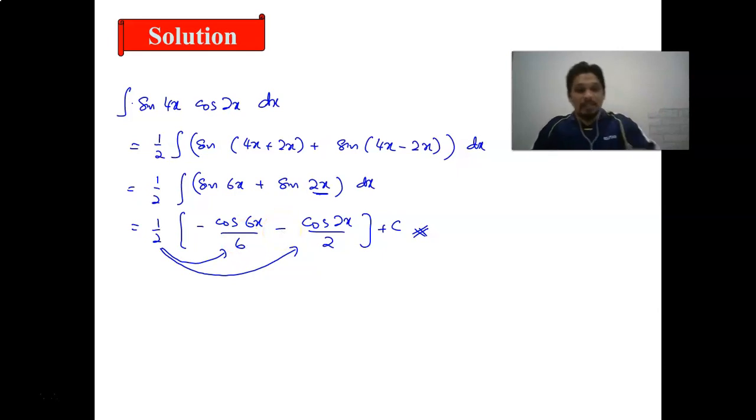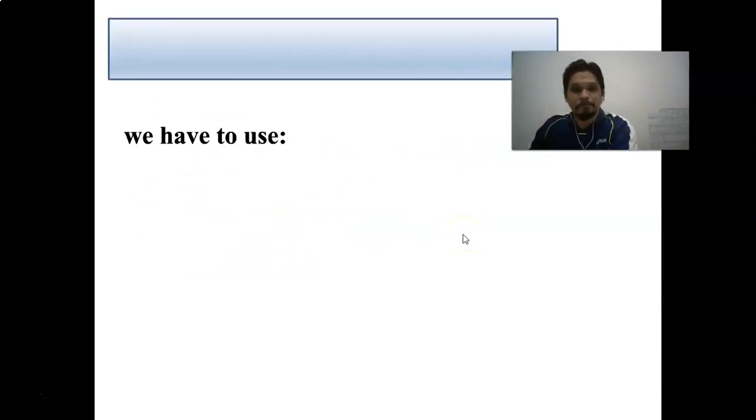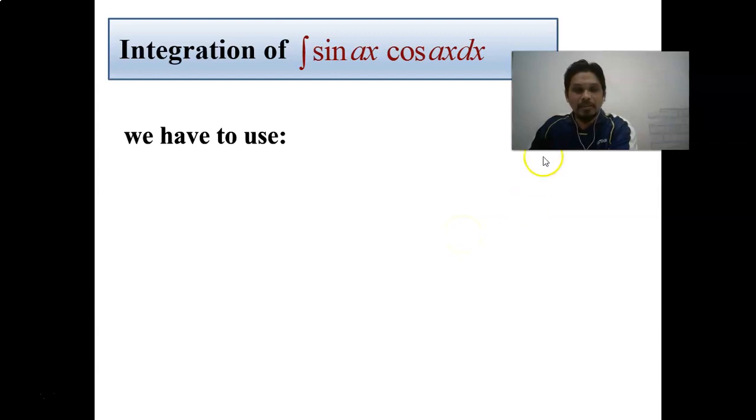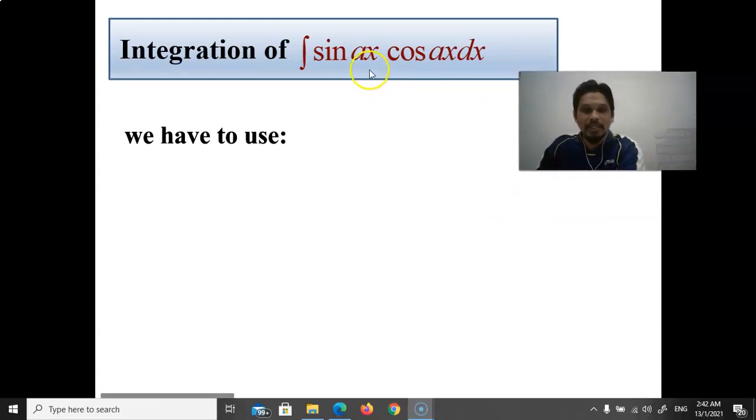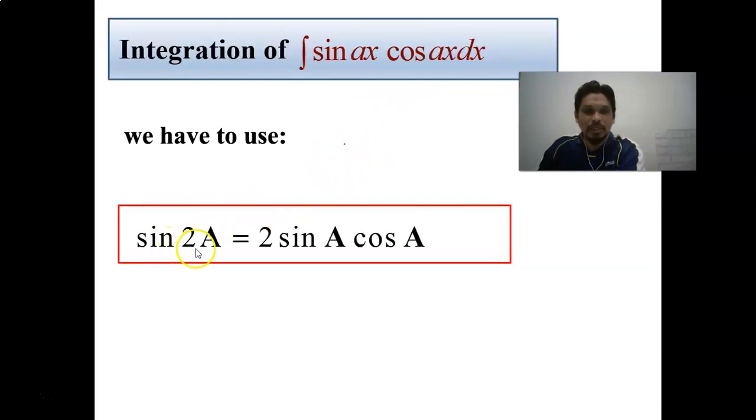Okay, next, so integration of integral of sine ax cos ax dx, then we have used sine 2a equal to 2 sine a cos a. Okay, so then sine ax cos ax is where we used it here.